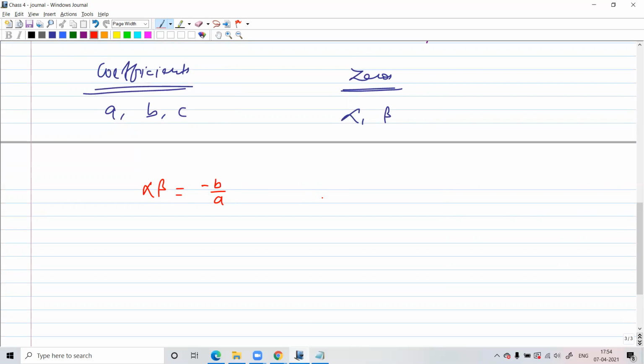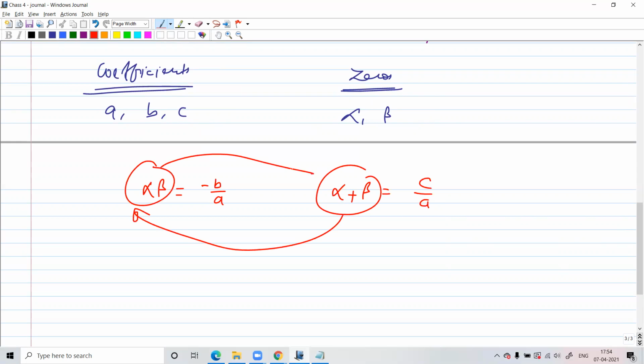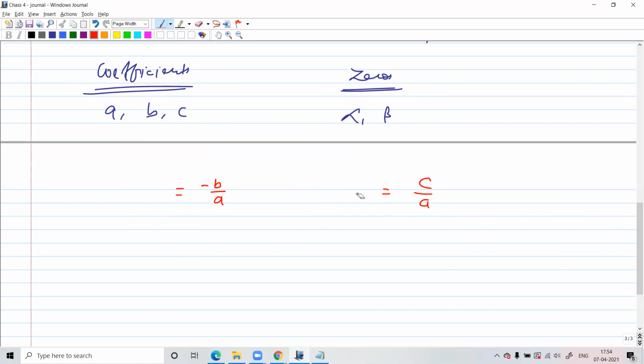Then alpha plus beta will be c by a. Okay, so you are very close. You just flip this. This should be alpha plus beta, and this should be alpha into beta. So at least you remember that much. Alpha plus beta, this is the first one. That will be minus B by A, and alpha into beta, that will be C by A.